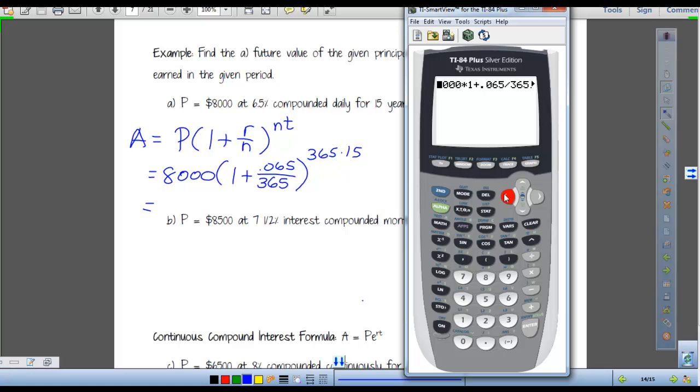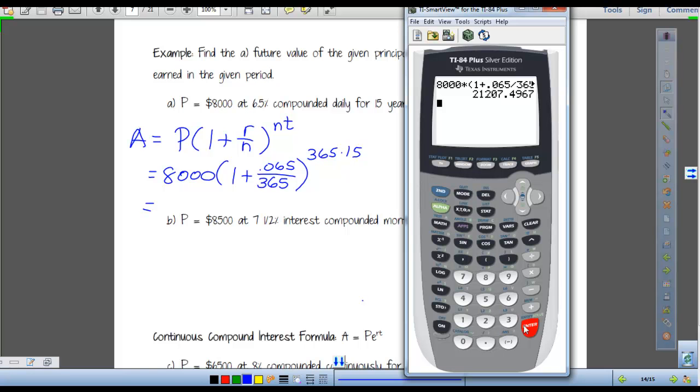Oh, 8,000 times. Gotcha. Okay, second insert parenthesis. Is that better? Cross my fingers.